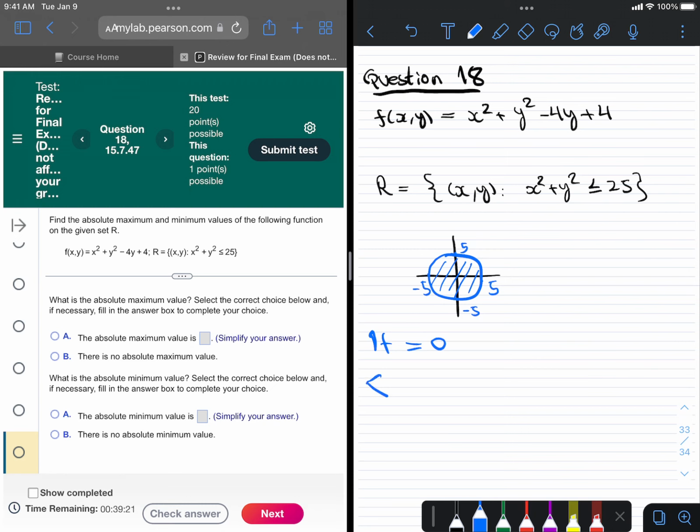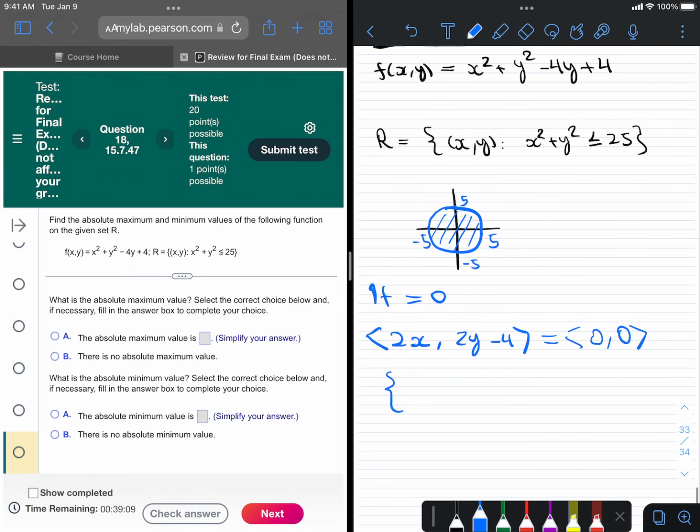So the gradient of f will be (2x, 2y minus 4) equals (0, 0). That is 2x equals 0, 2y minus 4 equals 0. So that means x equals 0 and 2y equals 4, y equals 2.